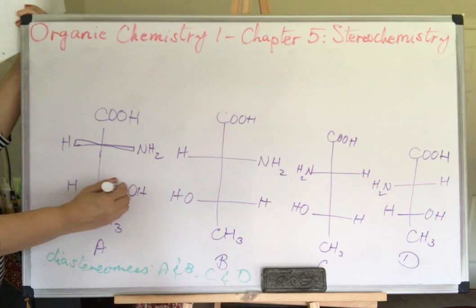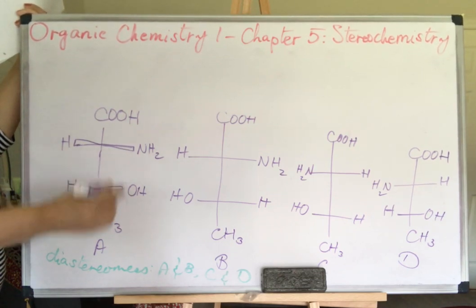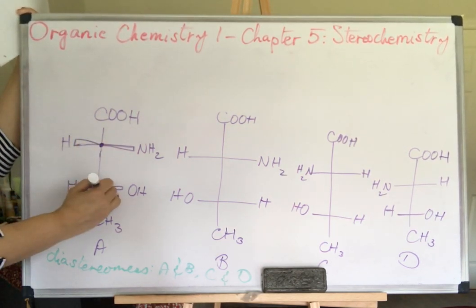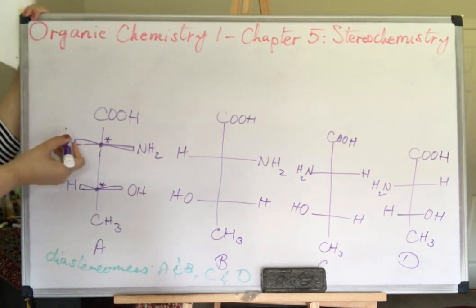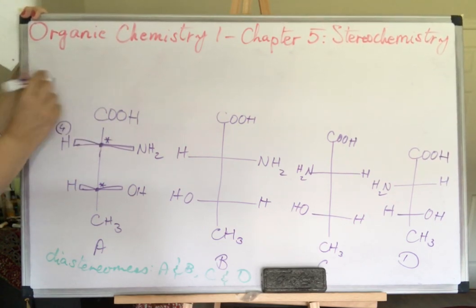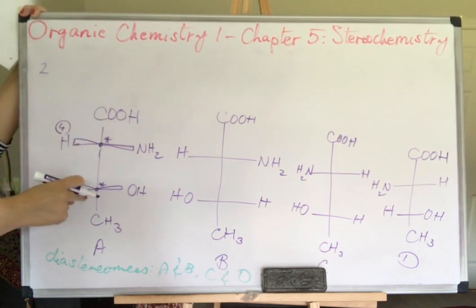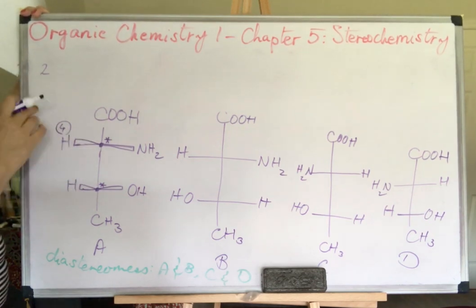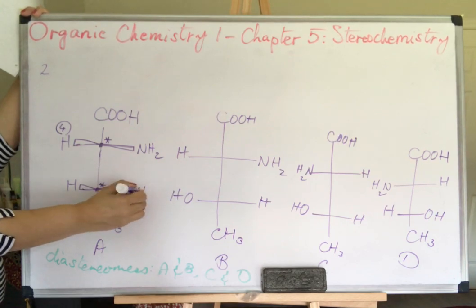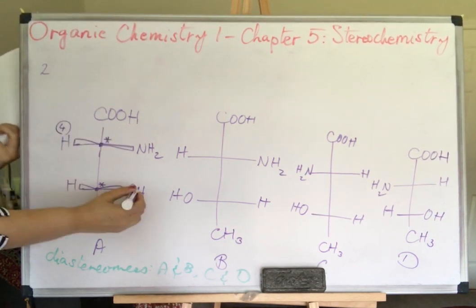So put all the horizontal groups on the bow tie. So now we said these two carbons are chiral, right? So we need to determine R and S. Hydrogen is the fourth group. We take care of this one first. That's carbon number 1. Carbon number 2, I'm sorry, because 1, 2, 3, and 4. So we're not going to name the entire compound because we don't know how to. It contains more than one functional group. But let's just determine the configuration.